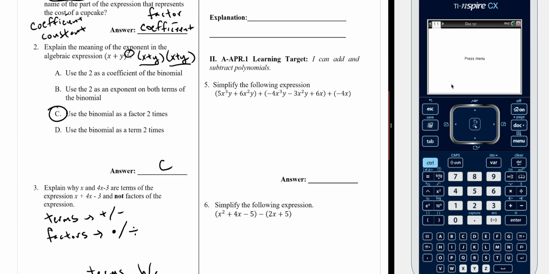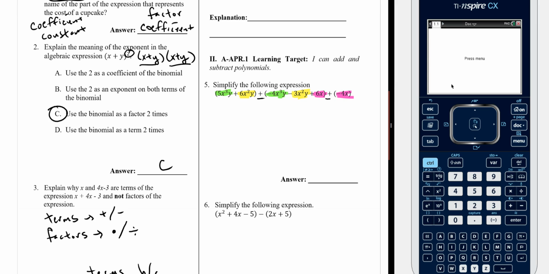Number 5, simplify the expression. Since this is all addition and subtraction, we're just going to group our like terms. So we start with 5x cubed y. Here's another x cubed y, and that's going to be it. We go to x squared y and x squared y. Those can go together, and finally x and x can go together.